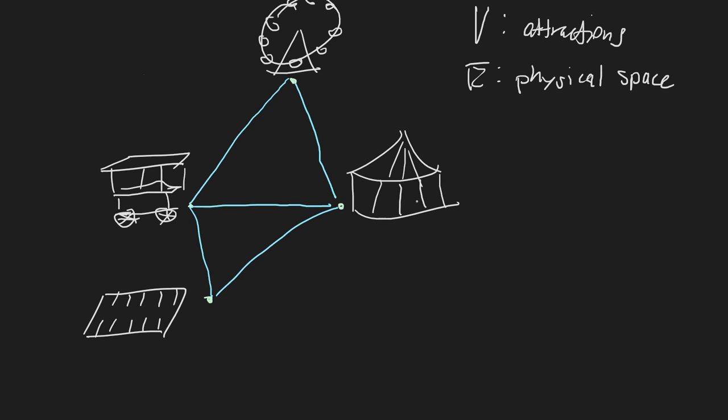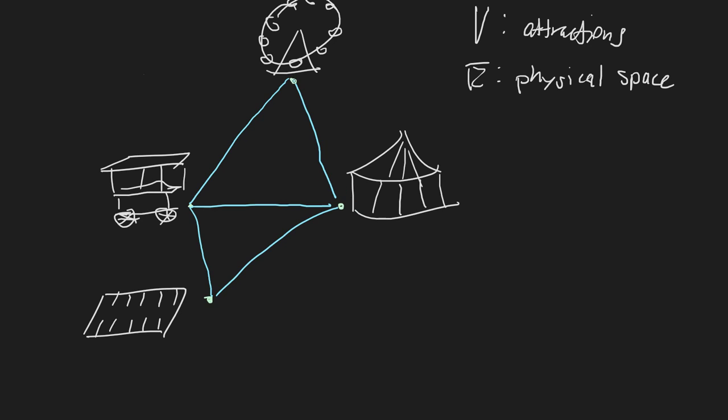The first one, we'll say that we have discrete time steps. So our visitors have to stay at each attraction for a whole time step at a time. And also, at the end of a time step, they have to move. They have to transition to some adjacent state, adjacent attraction, that is, or vertex.